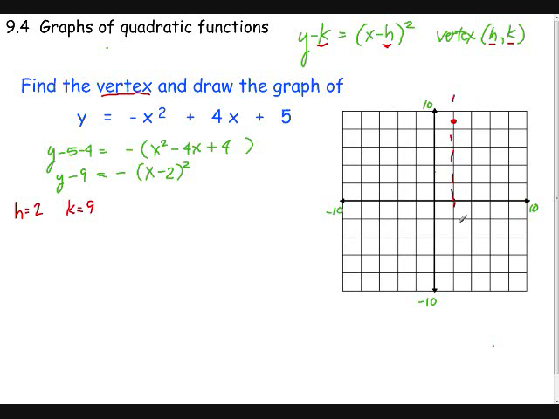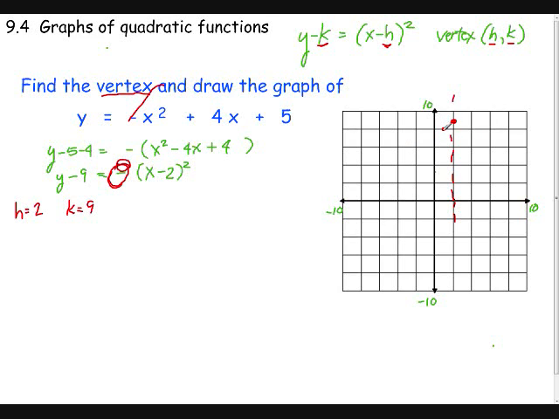And if I could draw a straight line, I would. And we know because we have a negative here, whoops, off a bit, aren't I? Because we have a negative here, we're going to have the upside down version of our parent graph.